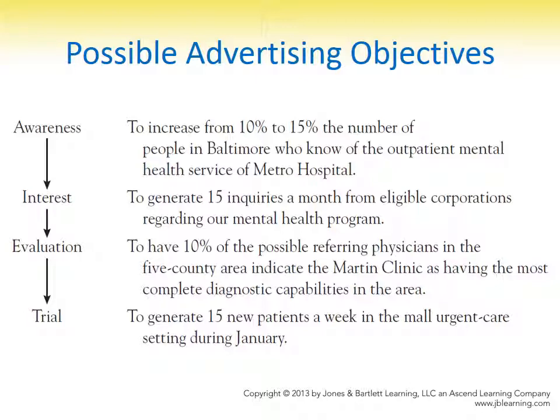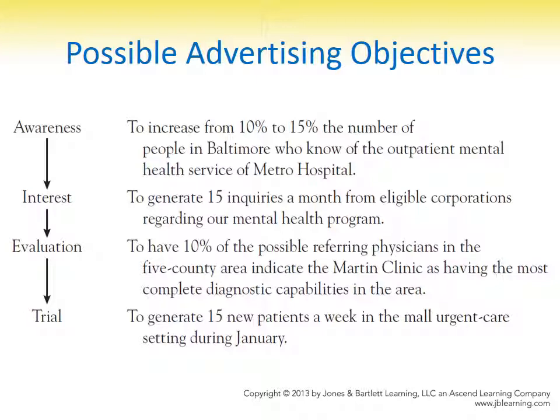So what are the objectives that you would work across awareness, interest, evaluation, and trial? If it's awareness, I want to know that we're top of mind. I want to know that we've moved from 10 to 15% of people in the market knowing that we provide this service. If I go into the interest stage, I want to know that we're actually getting inquiries. People are picking up the phone and saying, tell me about your mental health program.